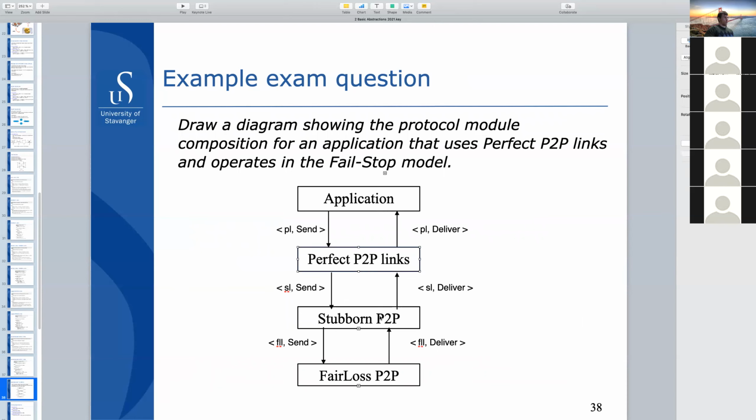For example, if we tried to analyze this model in the fail-arbitrary model, we could easily say that this will never work. But we are just analyzing it in the fail-stop model. All right.